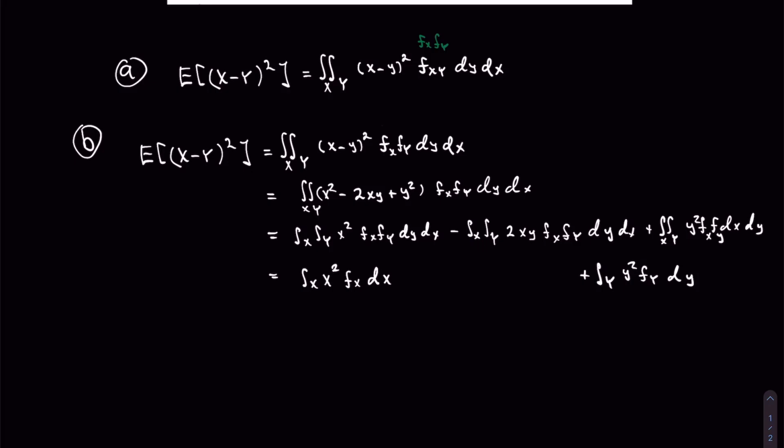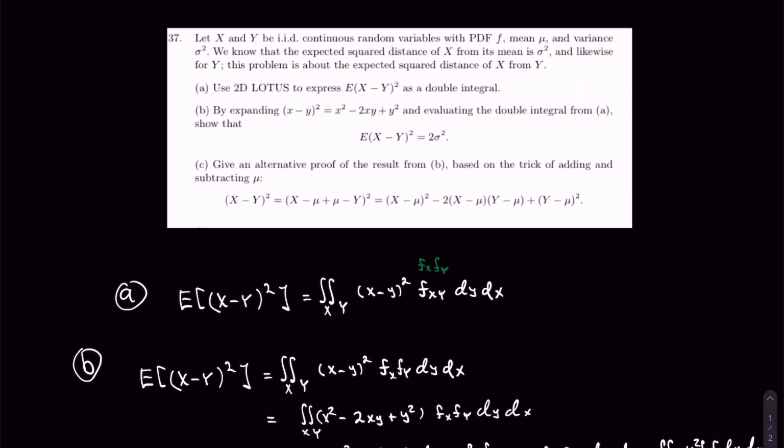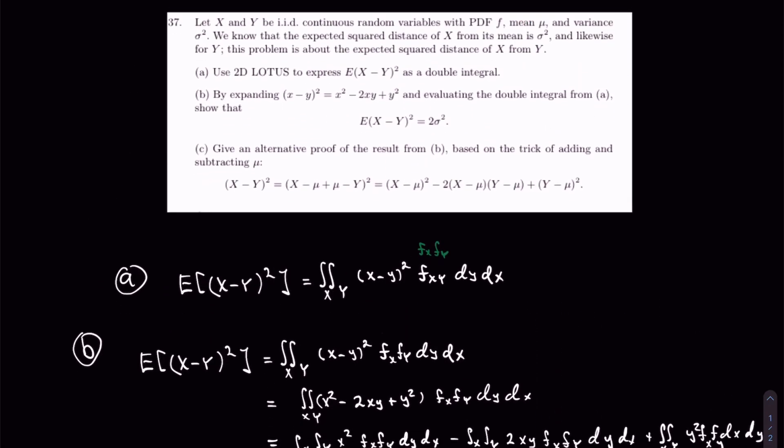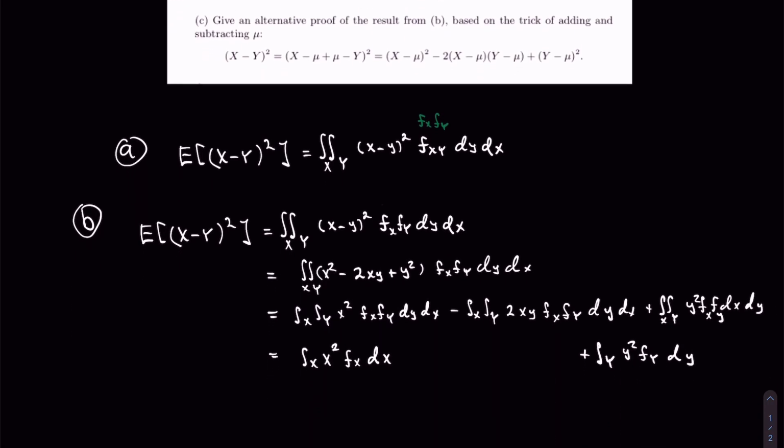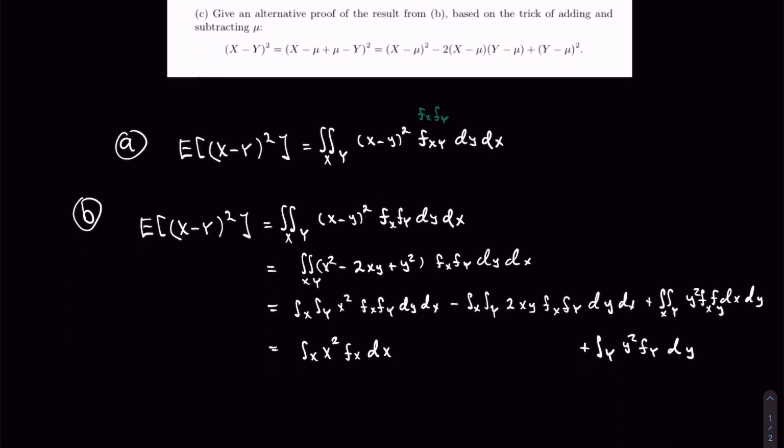So we have x f of x dx and y f of y dy being the mean of x and the mean of y. But both those terms have mean mu. Okay, so that whole thing here becomes just minus 2 mu squared.